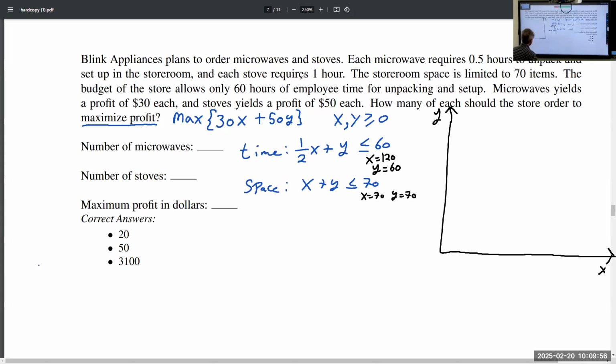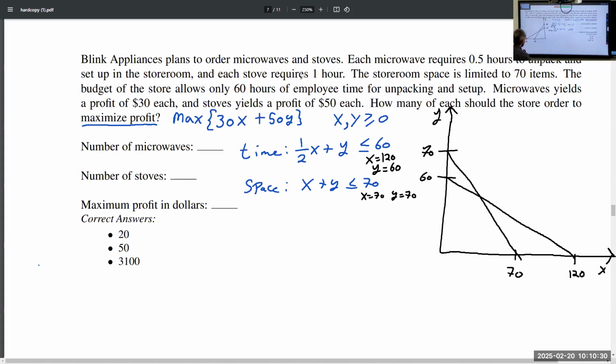So let's see, we have X equals 70, X equals 120. We have Y equals 60, Y equals 70. So the 120 and the 60 go together. 70 and 70 go together.